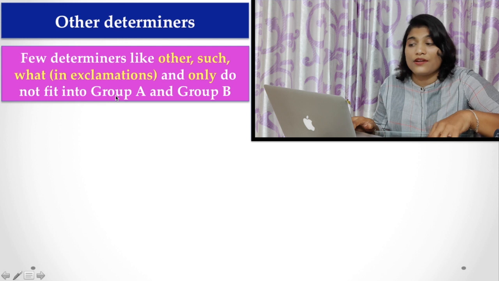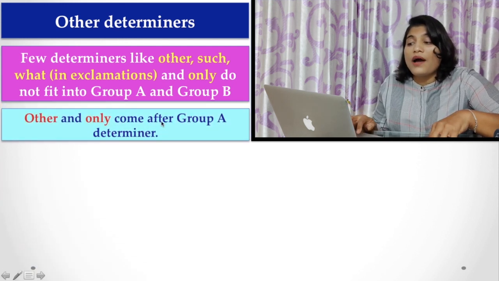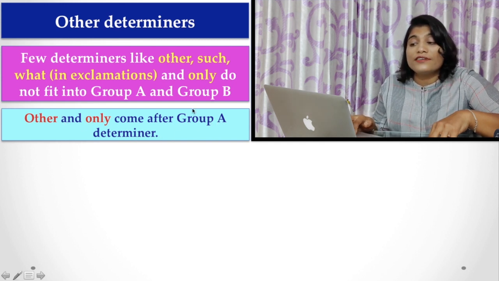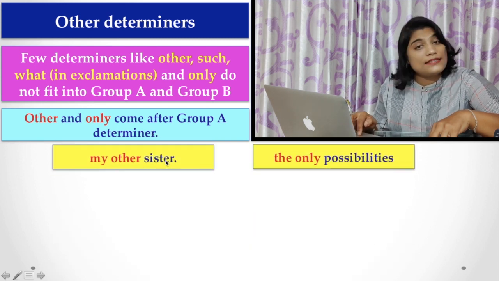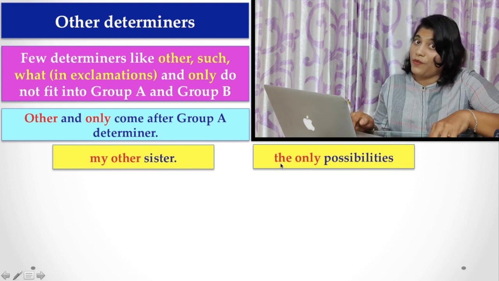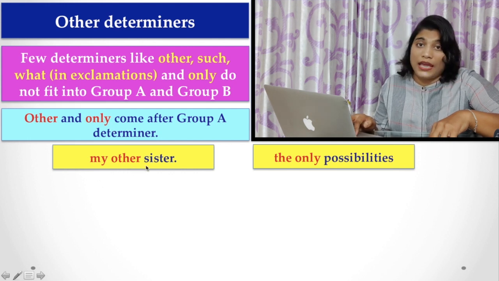Other and only come after group A determiners, for example my other sister, the only possibilities. Here my and the are group A determiners, and only and other, look at the use, come after the group A determiners.